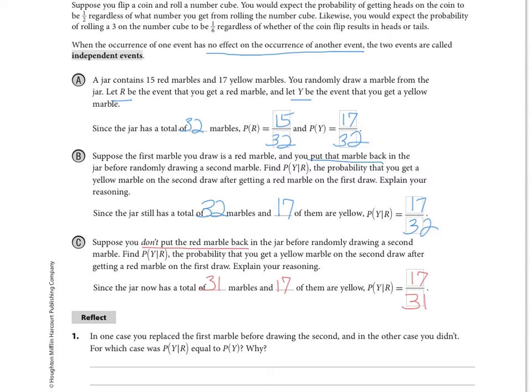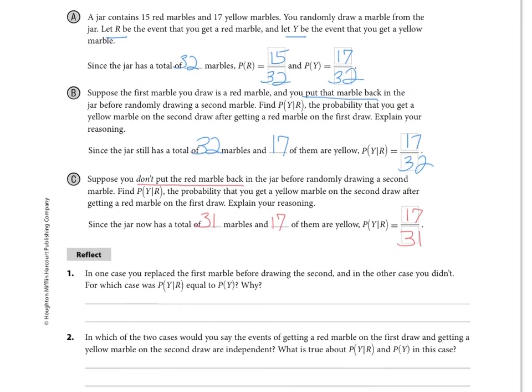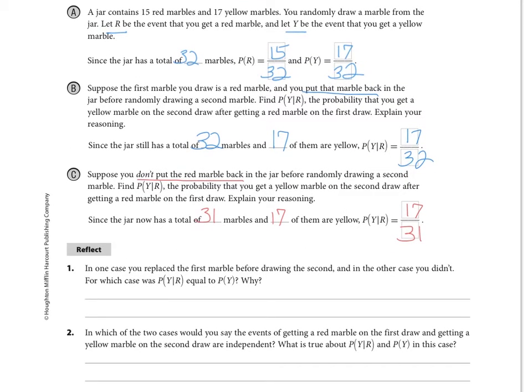So let's look at our reflect question. The reflect question says, in one case you replaced the first marble before drawing the second, and in the other case you didn't. For which case was the given conditional probability of yellow given red equal to the initial probability of Y? So here we go.